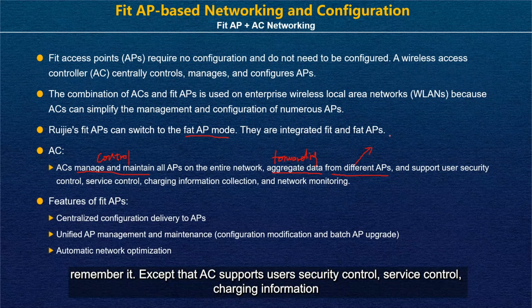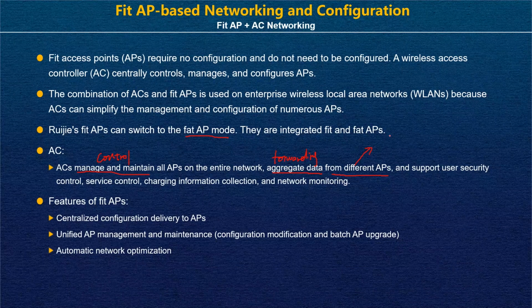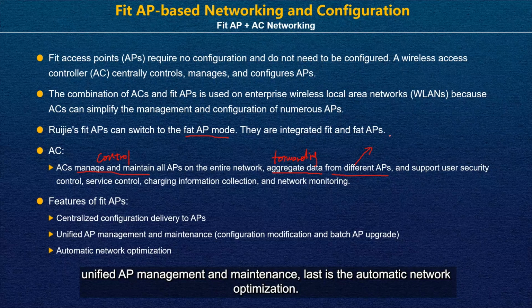Besides that, the AC supports users' security control, service control, charging information collection, and network monitoring. So you can find it's powerful, right? If you use the Fit AP and AC networking, it has the following features. First is centralized configuration delivery and unified AP management and maintenance. Last is automatic network optimization.